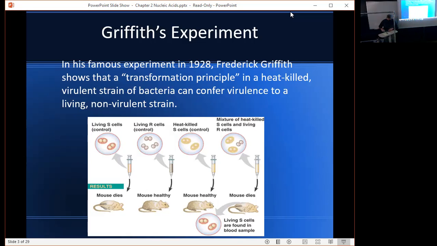While it didn't really indicate that DNA was the molecule that carried genetic information, it did identify something called the transforming principle, which is really important. In his famous experiment in 1928, Frederick Griffith showed that a transformation principle in a heat-killed virulent strain of bacteria can confer virulence to a living non-virulent strain. Pay attention to this figure down below, and I'll explain exactly how Griffith's experiment worked.